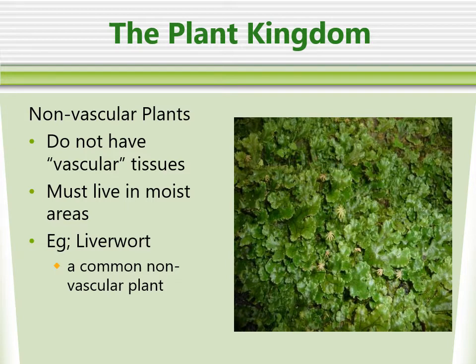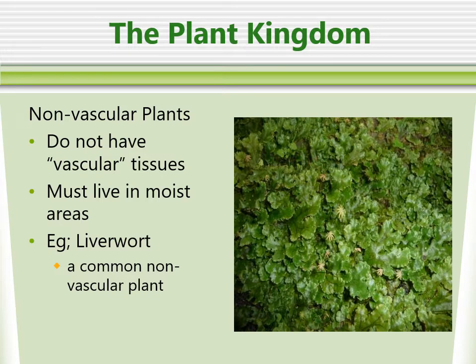Non-vascular plants are ancient plants that live in moist areas. They have to live in moist areas because all the tissues need to be in close proximity to moisture, otherwise they will dry out because there's no way to move water from one part of the plant to another. In the picture is a really common non-vascular plant that we see in greenhouses and nurseries and in wet places in your garden too.